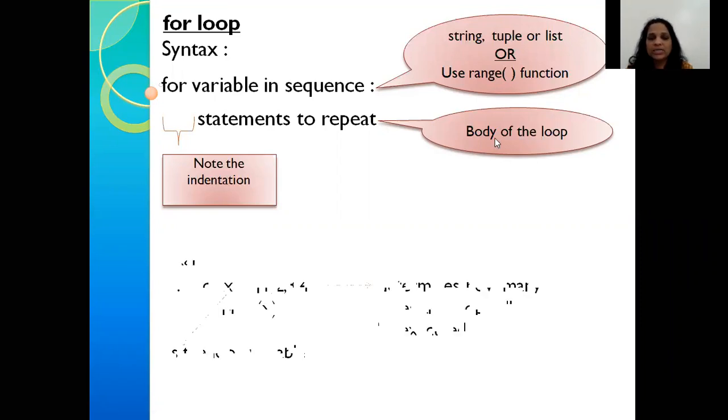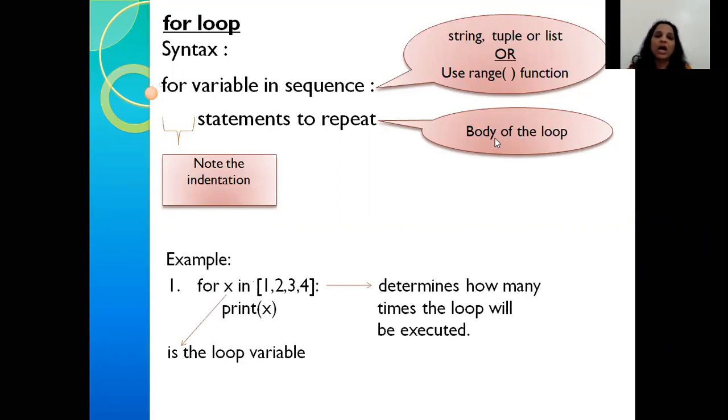Okay. To understand, I've given you an example here. I wrote for x in, x is my variable. 1, 2, 3, 4, I've written in square brackets. Square brackets, if you remember, according to chapter 2, represents a list. I just need to give a sequence, right? It could be a string, a tuple, or a list, or a range function. I'm just giving you a list. Now, how many elements are there in this list here? 4.